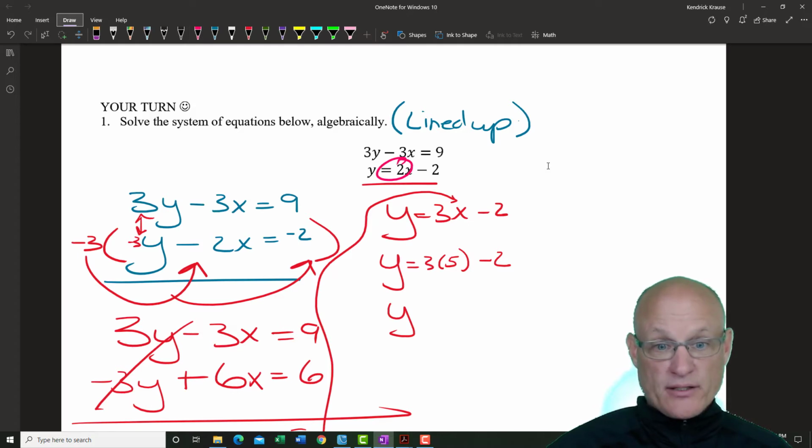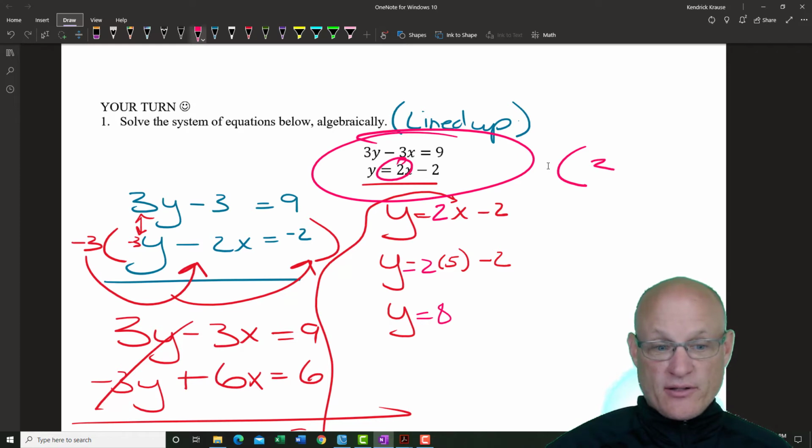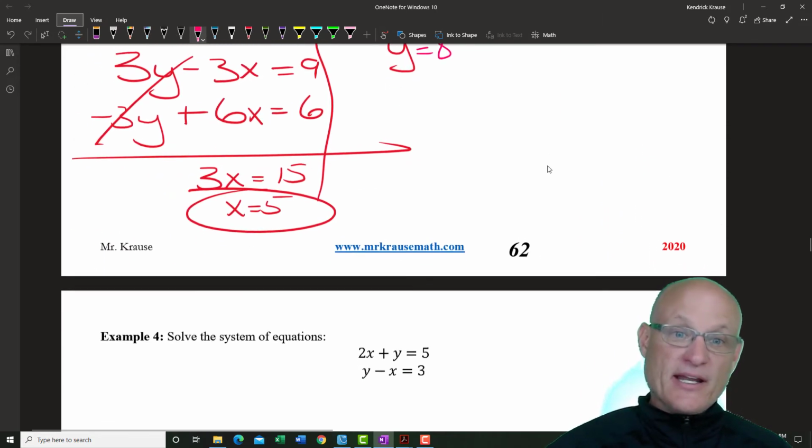What am I doing? It's 2x minus 2, 2x minus 2. So this becomes 10 minus 2, which is 8. So the answer to this equation is the point 5, comma 8. 5 we got over here, and 8 we got here.